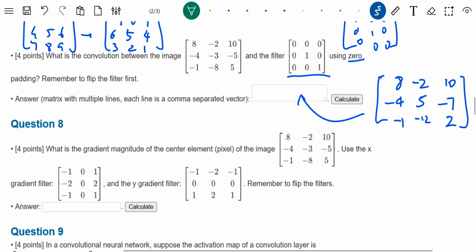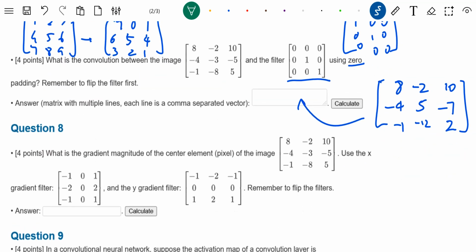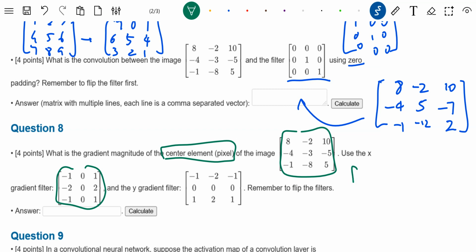Okay, the next one looks a bit more complicated, but we're only interested in one element, so it's still okay. So let's do the convolution. Basically put the flipped version of this on top of that. So 1 2 1 0 0 0 -1 -2 -1.